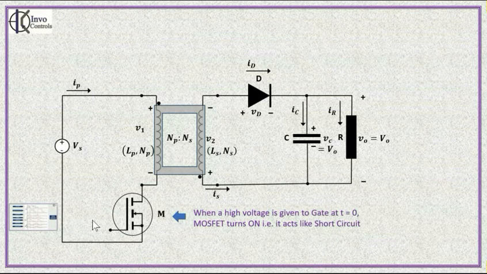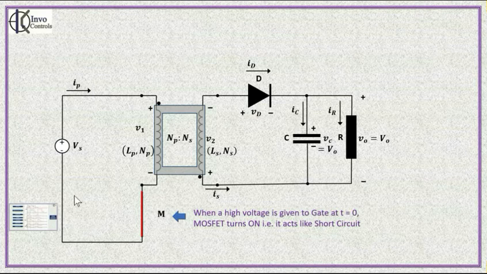That is, it acts like a short circuit or a closed switch. Hence, the supply voltage Vs now appears across the primary winding. That is, V1 equal to plus Vs. Also, there will be current flow in the primary winding. This current is increasing from 0 onwards.